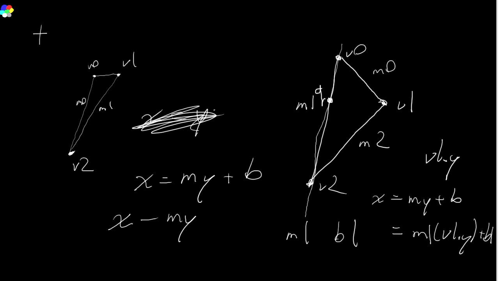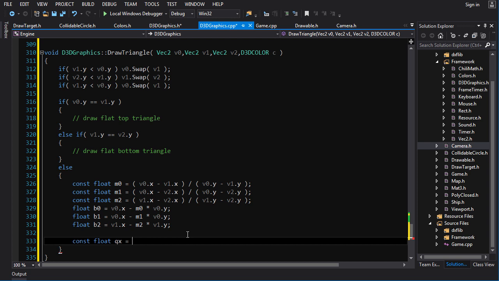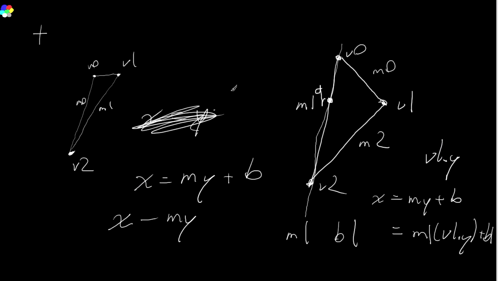That seems like that's what we want to solve for QX. So we want M1 times V1 dot Y plus B1. Let's just go over that again quickly. This is M1, B1, and V1 dot Y gives us our Y. Plug all that stuff into the equation, we get our X.